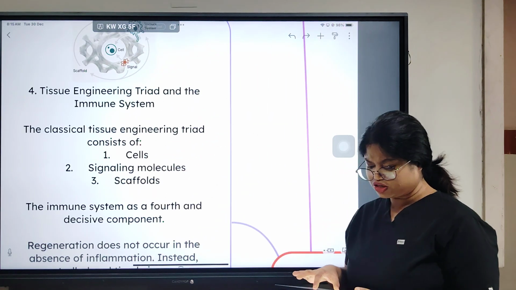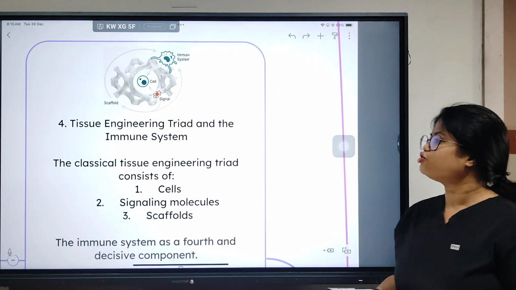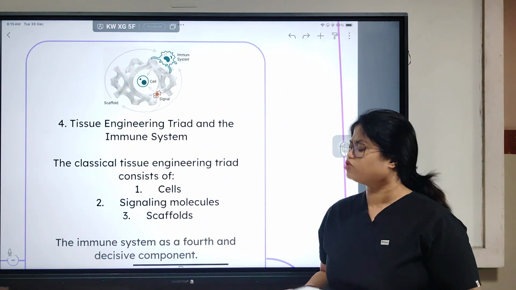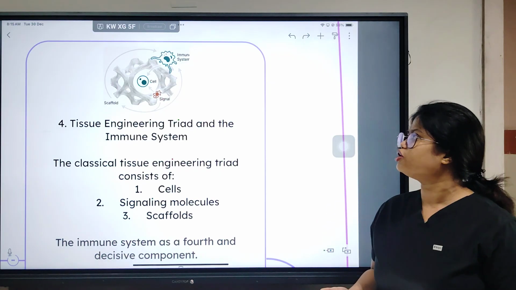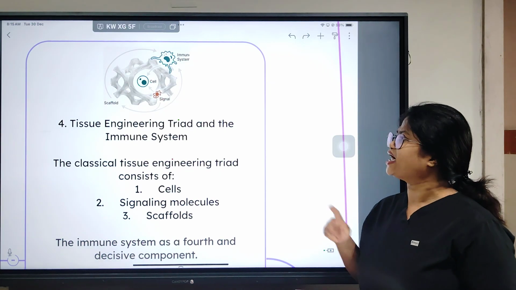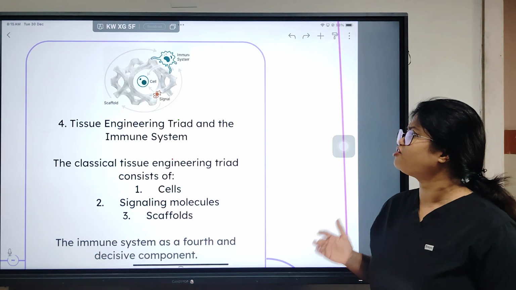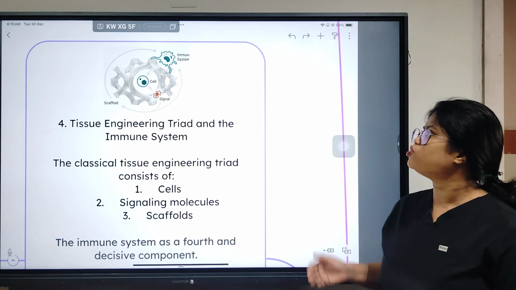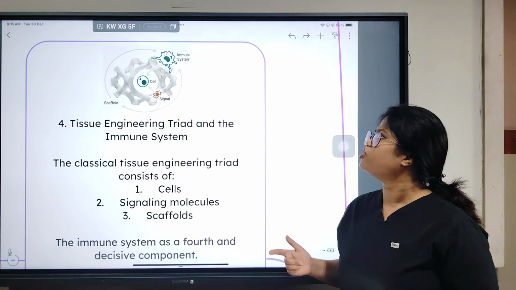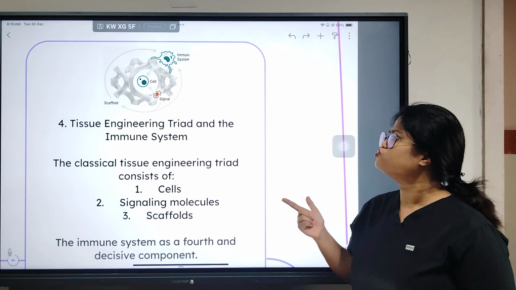So next comes the tissue engineering triad and the role of the immune system in tissue engineering, whether it is oral or systemic. This is a cyclical event. Traditionally in the tissue engineering triad, three components were there, which were the cells, the signaling molecules, and the scaffolds.